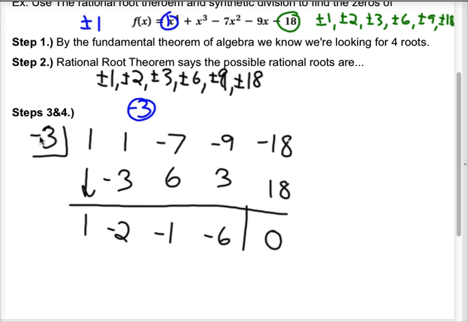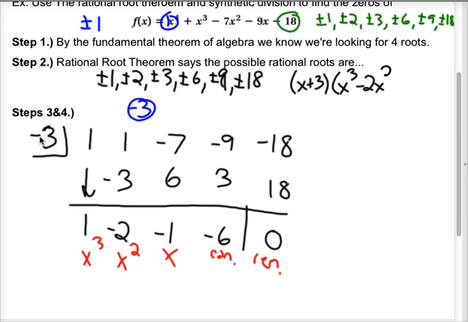And then I'm going to show that this is my remainder, my constant, my x squared, my x cubed. So I'm going to show the polynomial that I'm getting. So there's my linear factor, where -3 is a 0. And now I'm going to write what I have left, okay?